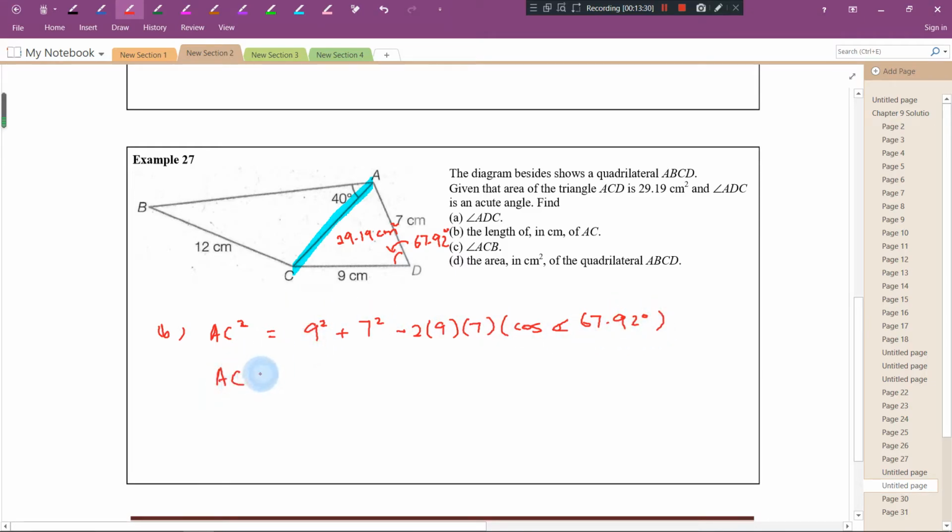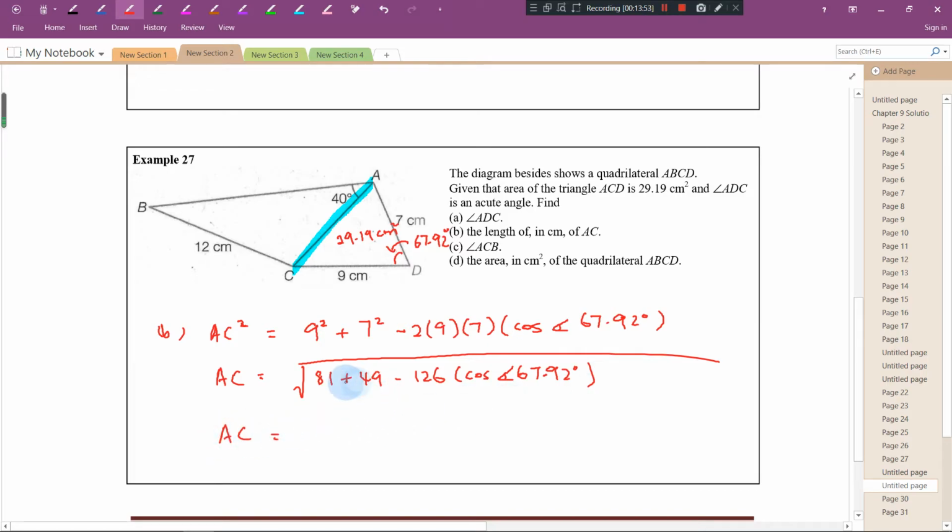If you want to get AC, you have to square root this whole thing. So you key in this whole thing in your calculator first, then you square root it.